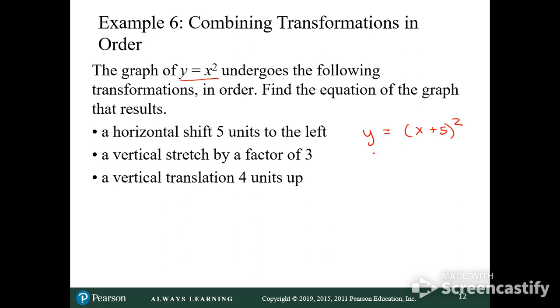Because it's vertical, it goes on the outside, so y equals 3 times x plus 5 squared. And then we're going to translate it up 4. Since it's vertical, put it on the outside. So it should look like that in the end.